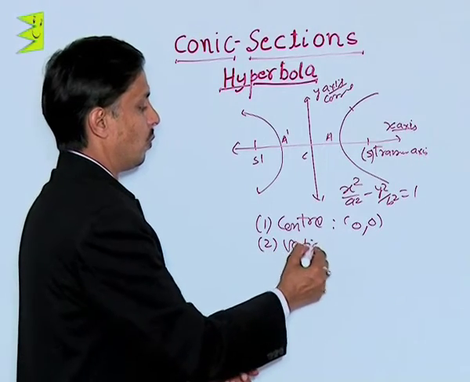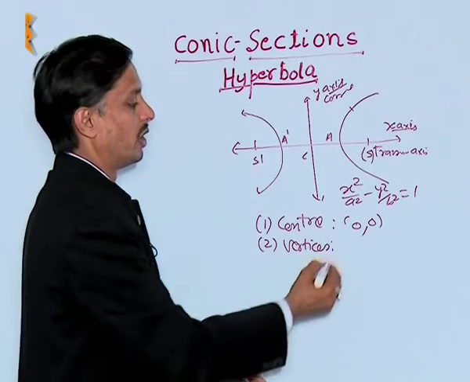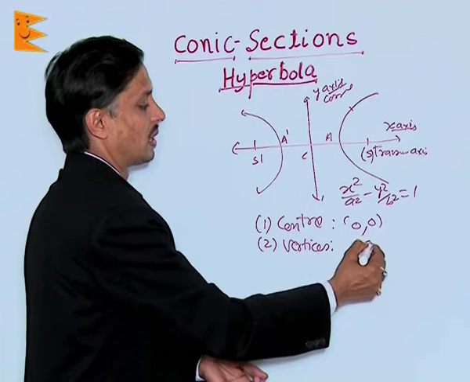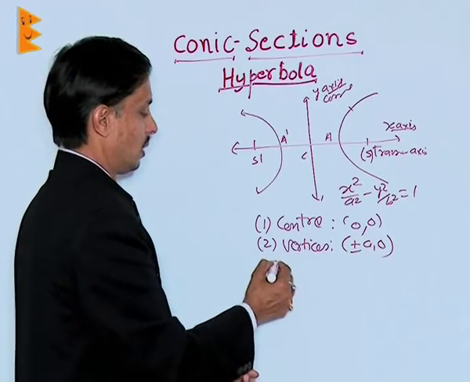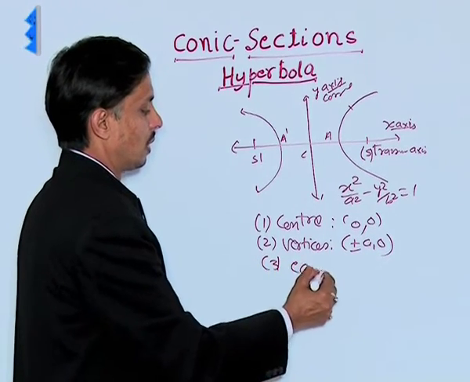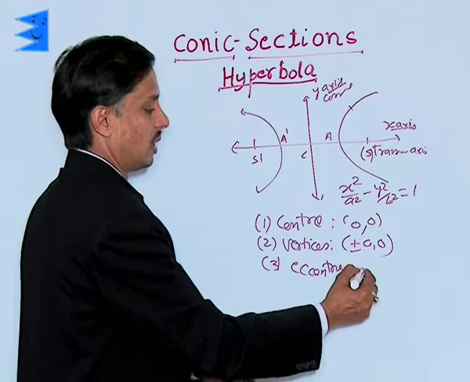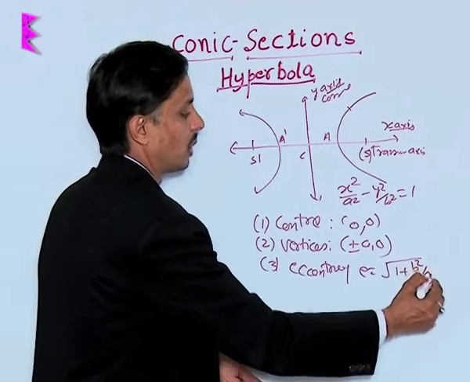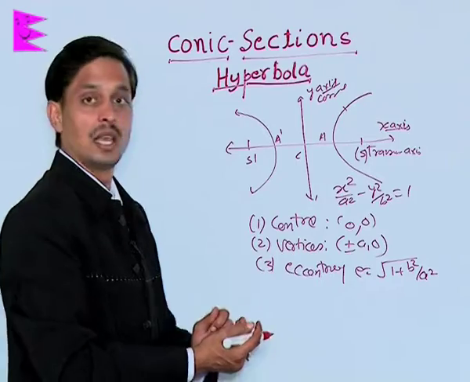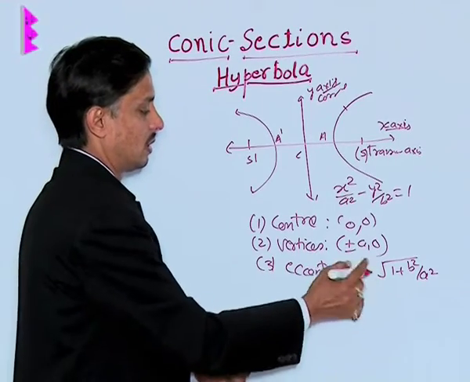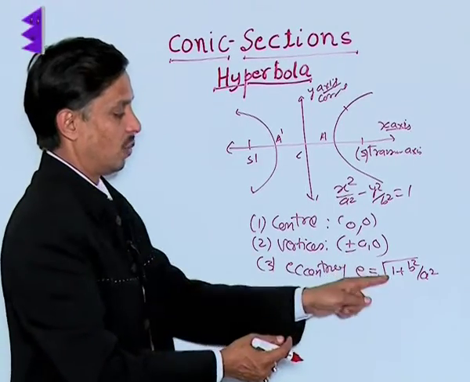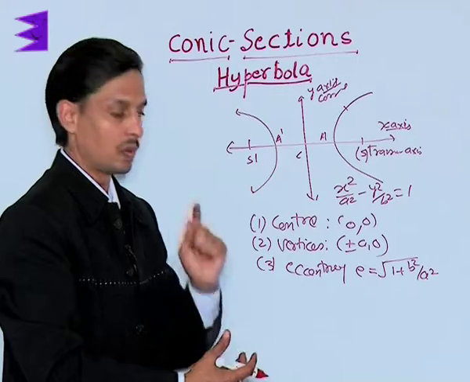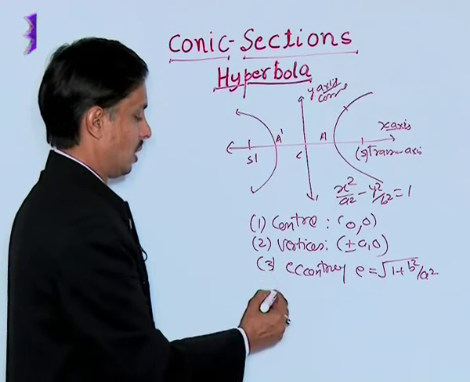Then the coordinates of the vertices are plus minus a, 0. Third, eccentricity is equal to root of 1 plus b square upon a square, whereas in the previous case the eccentricity was given as 1 minus b square upon a square for the ellipse of first type.